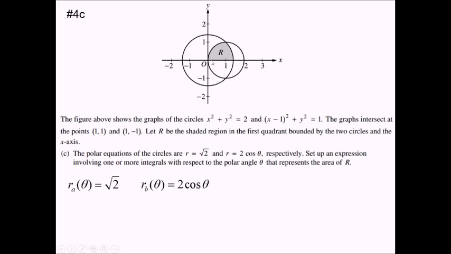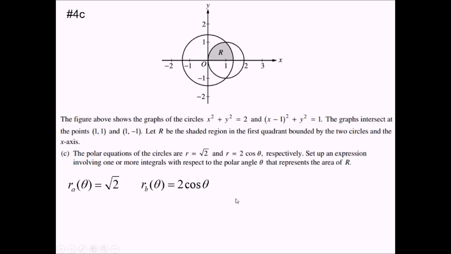And this is a little bit tricky because you're starting at an angle of 0 and you're getting radius strips going out to this r equals radical 2 function, r sub a. But then once you get to this intersection point, your radius strips are no longer going out to that big circle. They're going out to this smaller circle, this 2 cosine of theta function. So I have to figure out what this angle of intersection is here, because that's where I'm going to change from one integral to another, because I'm using radius strips to a different bounding function.